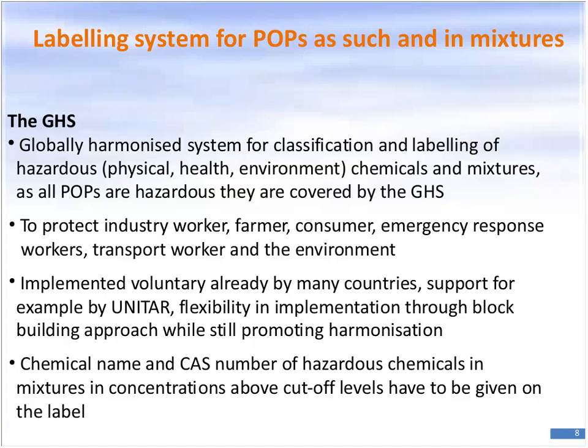So everybody can check and control whether it's properly classified and labeled, and can control the market of the country. When you do inventories, you will identify these POPs. In mixtures, these POPs have to be given on the label with their names when they are in a certain concentration, which is higher than a cutoff level.